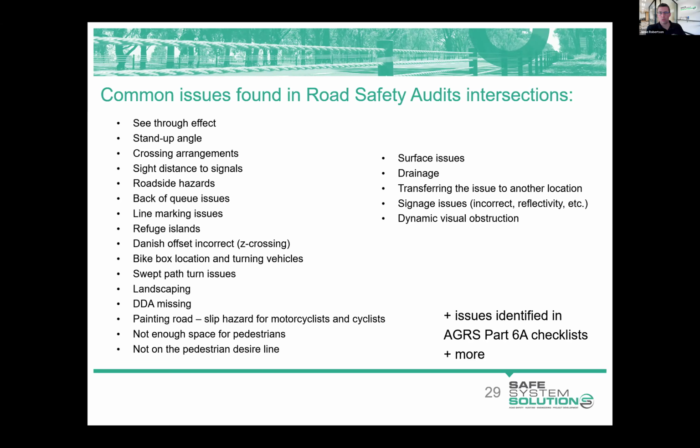Obviously, signals really do minimise the likelihood of those conflicts happening if they're operational and people are abiding by them. But it is still important to provide adequate sight distance and meet the same sight distance requirements at signals. Sight lines to signal lanterns.